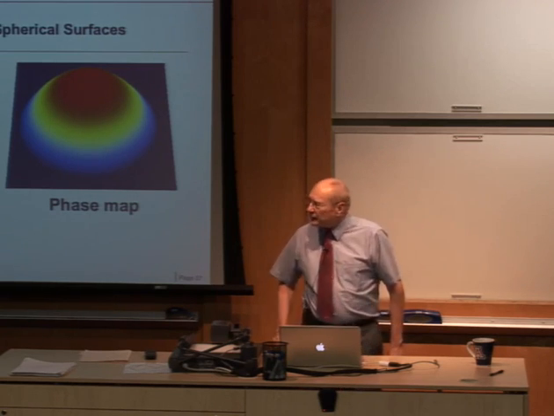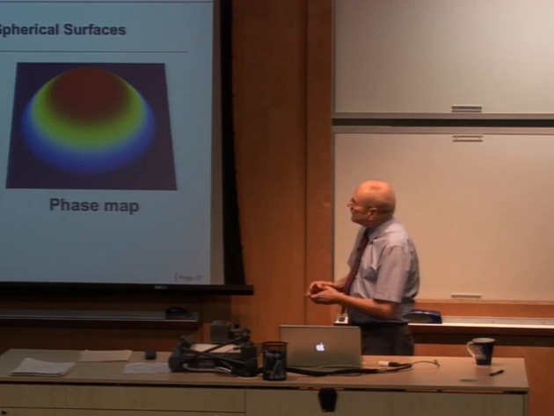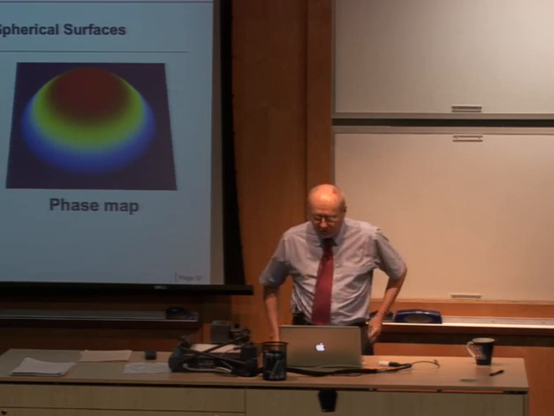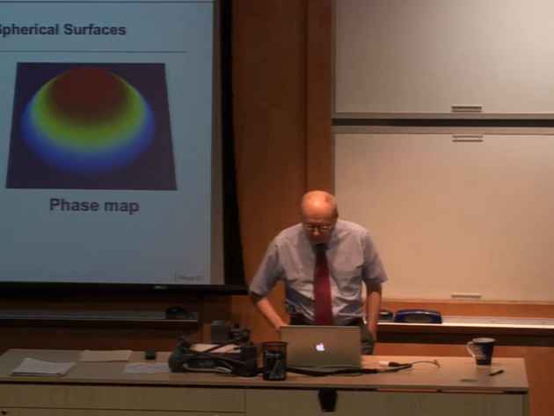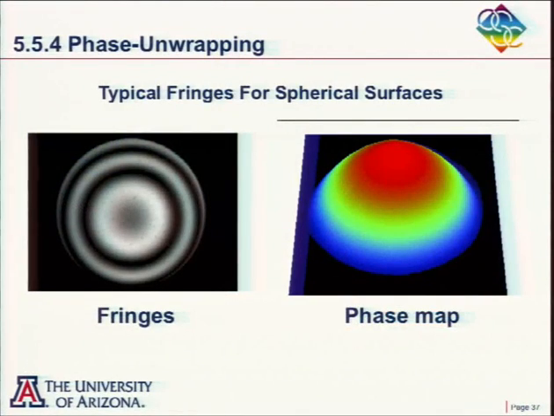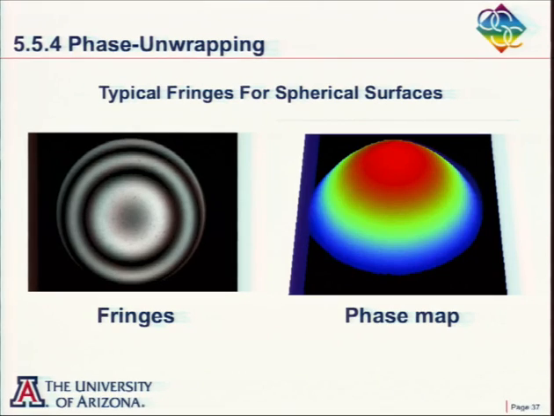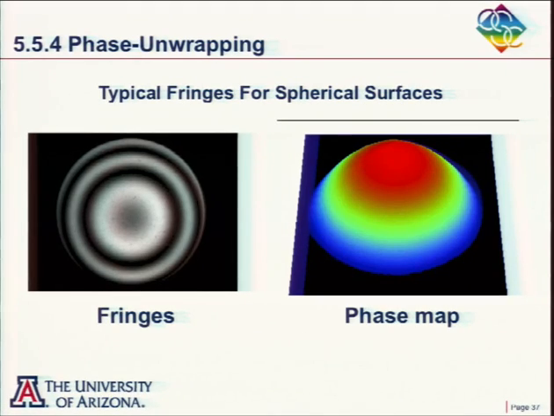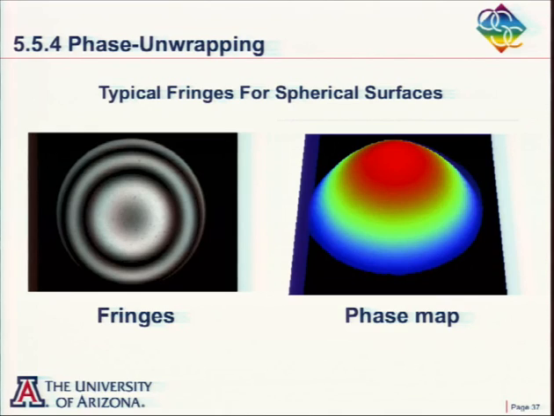So the last topic I was talking about last class was phase unwrapping, and I want to go over this real fast again, and I have a couple additional comments to make on it. The problem we're solving here is that we're calculating the tangent of the phase, and when we do the arctangent, we're getting the phase over a span of 2 pi.